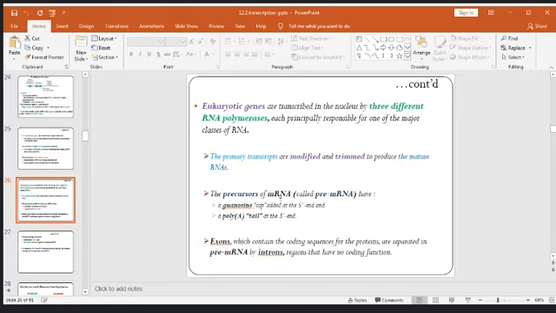So the precursors of messenger RNA are called pre-messenger RNA, which is not activated. They have guanosine cap addition at the 5', what I told you, and poly-A tailing processes to carry out.